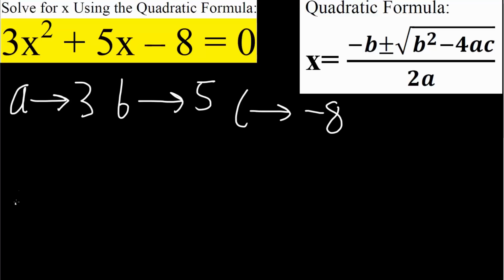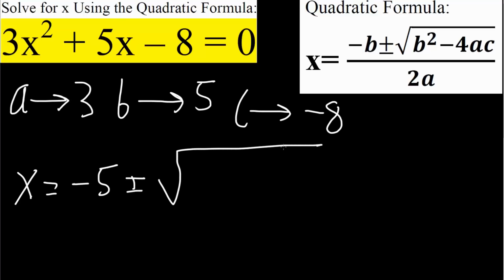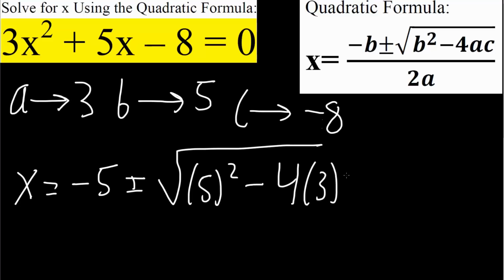So we can say that x is equal to minus b, minus 5, plus or minus the square root of b squared, so 5 squared, minus 4 times a, which is 3, times c, which is negative 8, divided by 2a.